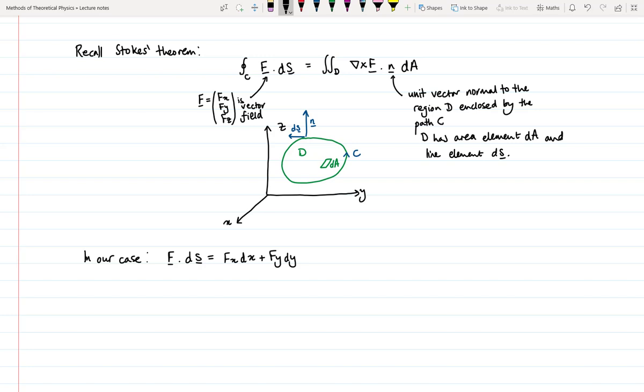On the right-hand side, the curl of the vector field, you will recall, is given by the determinant of this array. These are unit vectors in the x, y, and z directions.